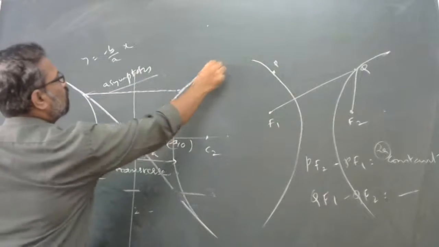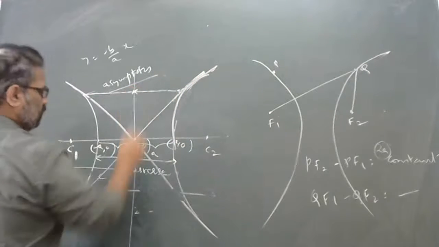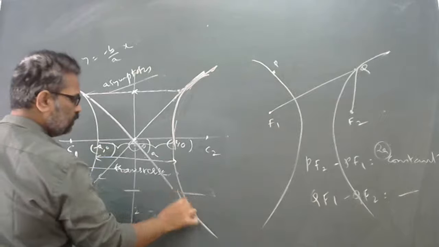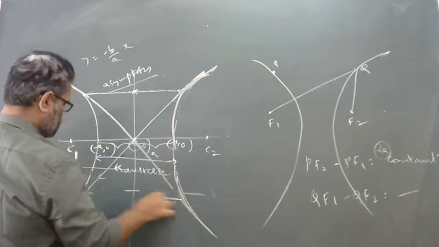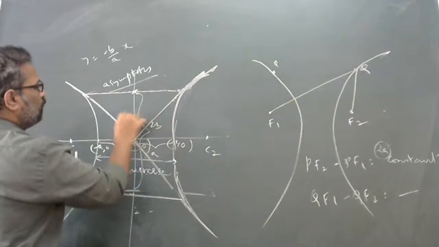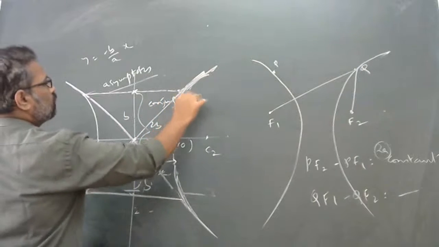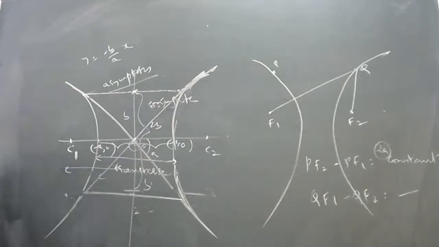Okay, where it is touching, here also you can go like this. This length is called 2b. This is b, and this is b. And this axis is called the conjugate axis. Are you clear? So always b is smaller than a, and c is automatically bigger than a.